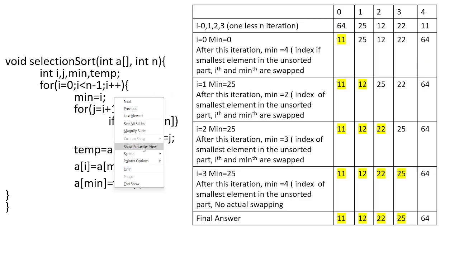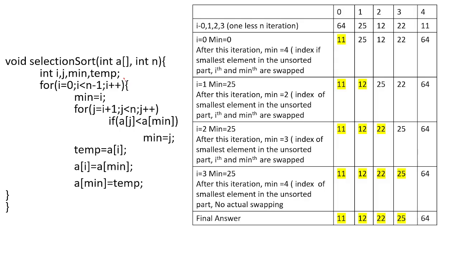We'll go through the code one by one. Repeat till n minus 1 times. This is the assumed min index, the first element in the unsorted part. This is the unsorted part at the beginning, and its index is I; in this case it is 0.